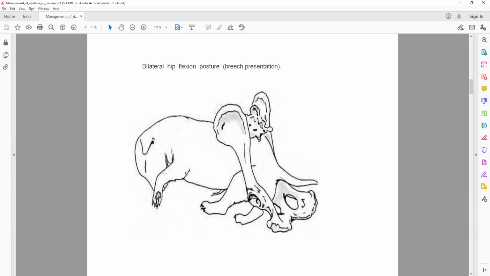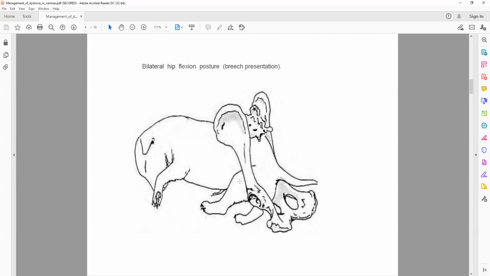But if it is in posterior presentation, that is okay, because as we studied earlier, 50% of the pups may be born in anterior presentation, and 50% in posterior presentation. So that is not a big deal.